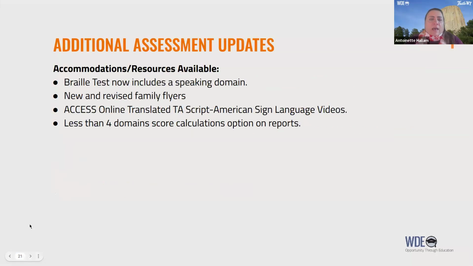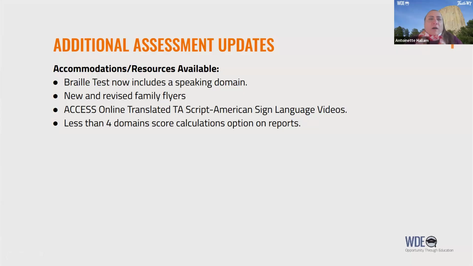Okay, next I want to highlight some additional important updates on assessments, accommodations, and resources. The Braille test does now include a speaking domain, which helps get a more complete picture of students' skills.